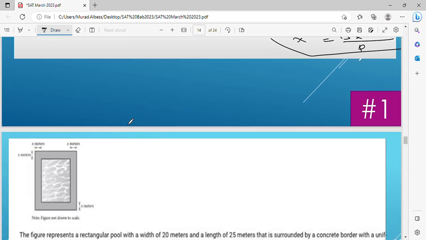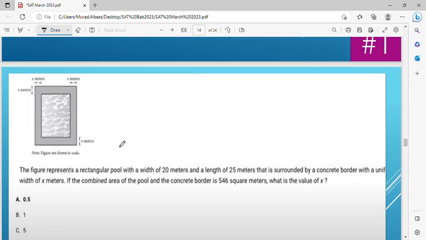Next question. This question also came in 2021. So we have here a swimming pool and there's a concrete border. Let me read the question. The figure represents a rectangular pool with a width of 20 and a length of 25. That's 25 and that's 20.